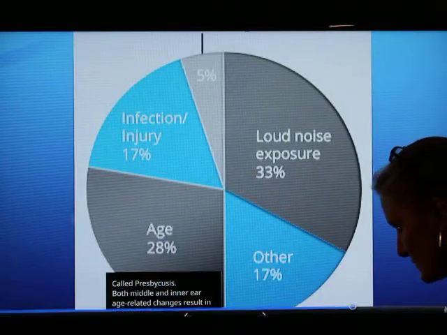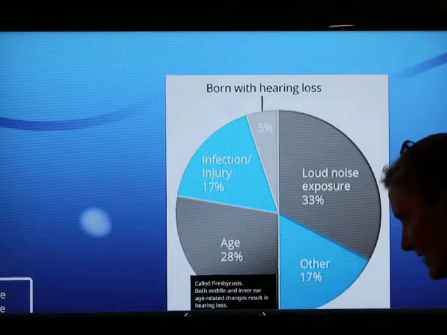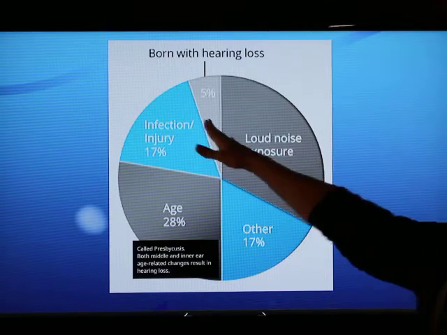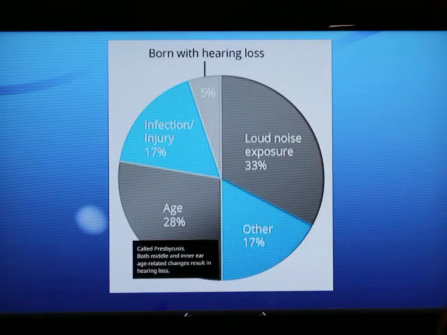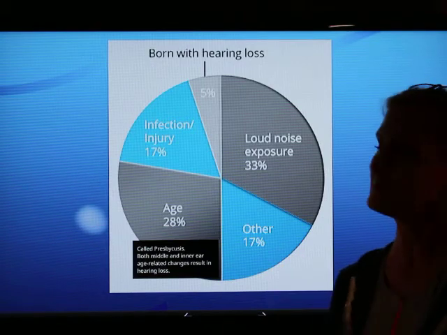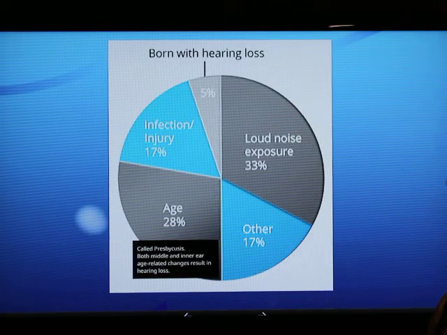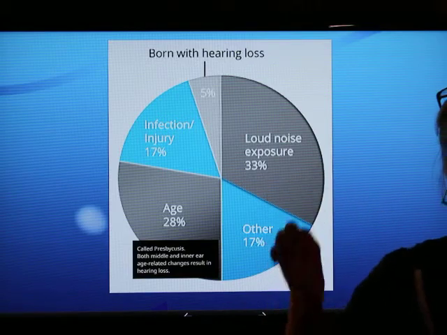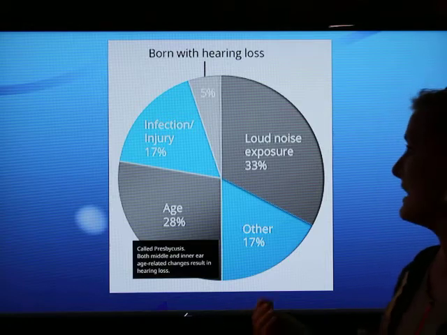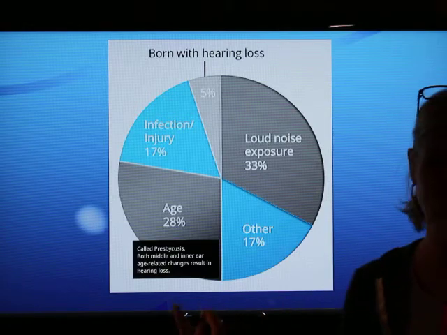Now there are a bunch of reasons why somebody can have hearing loss. Some people are just born with a hearing loss and they're not sure why, or the mother may have had a problem, or something could be partially genetic. 33% of hearing loss are related to people who have been exposed to loud noises their whole life.